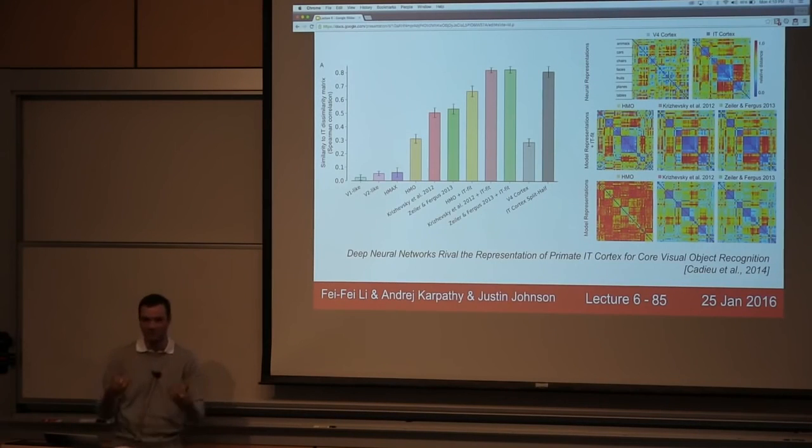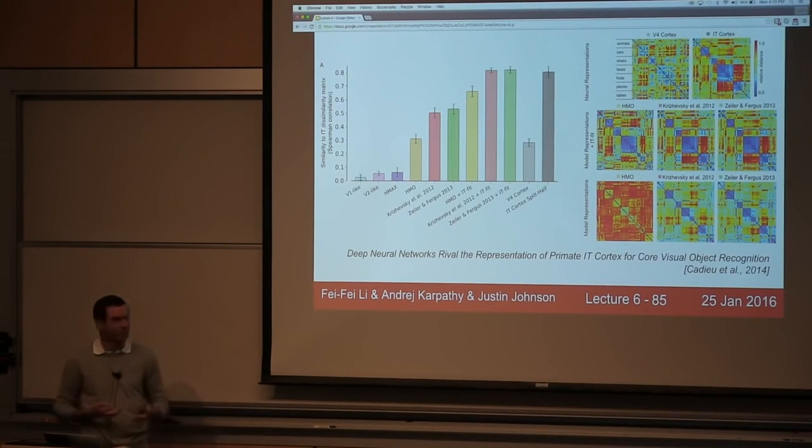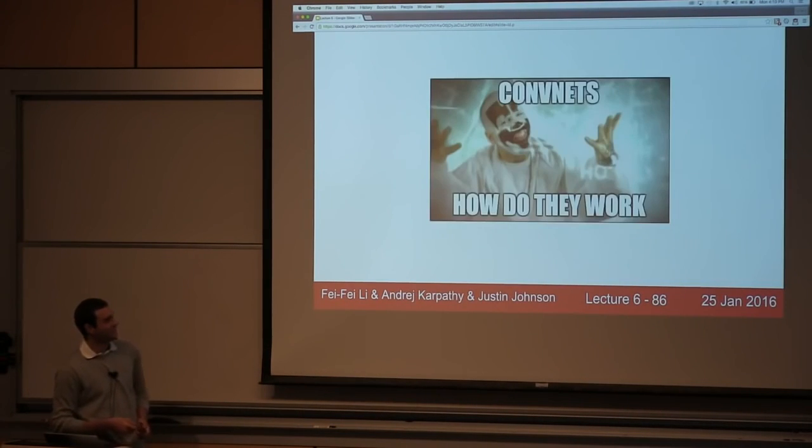There's a mapping between them. It almost seems like similar things are being computed. The way they arrange the visual space of different concepts, what's close and what's far, is remarkably similar to what you see in the brain. So some people think that this is evidence that ConvNets are doing something brain-like, and that is very interesting. The only question that remains then is, how do ConvNets work? And we'll find out in the next class. So that's it.